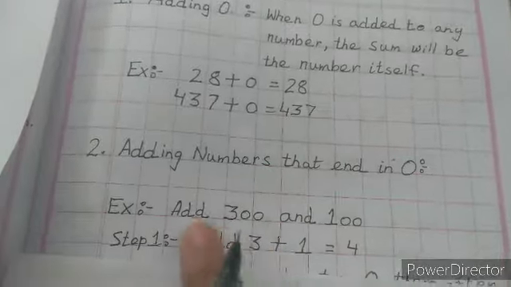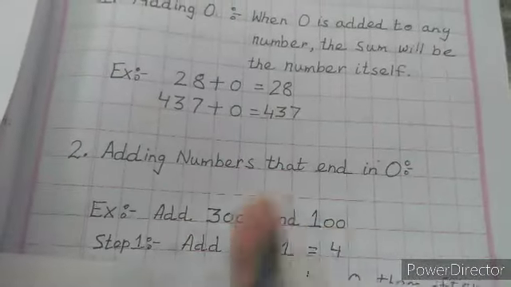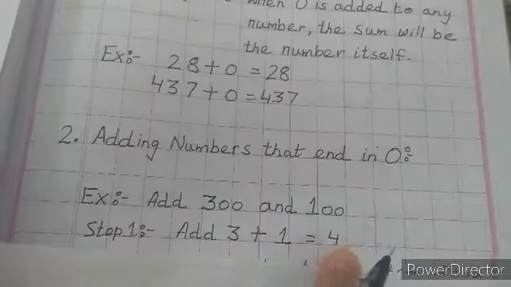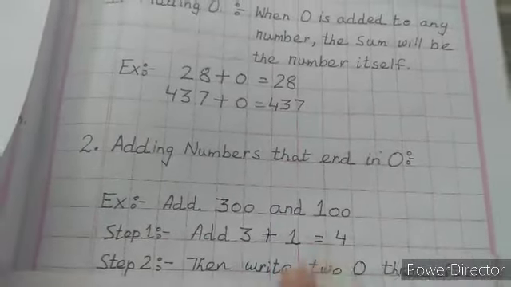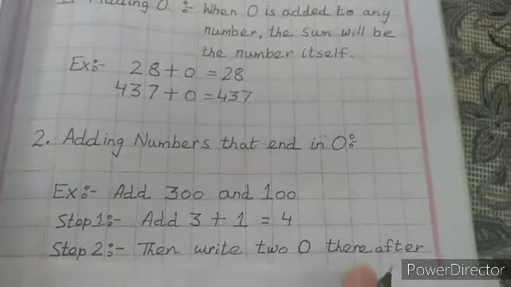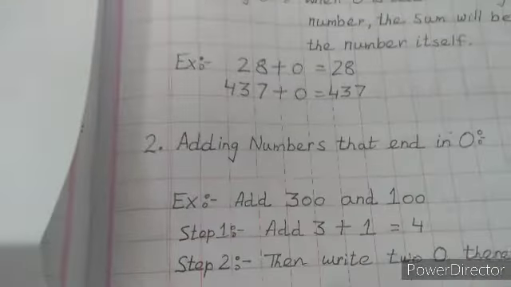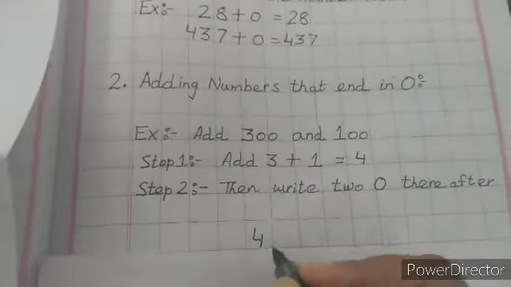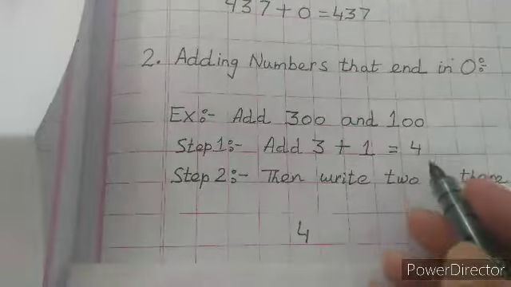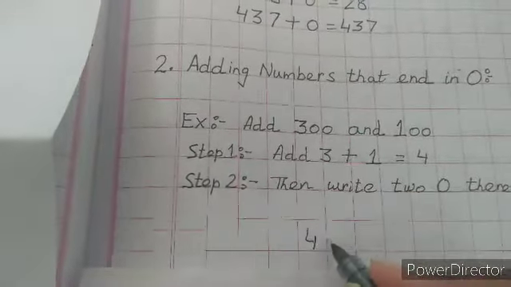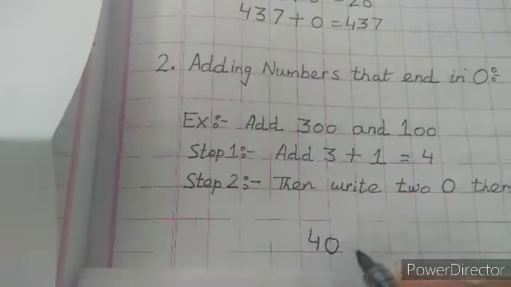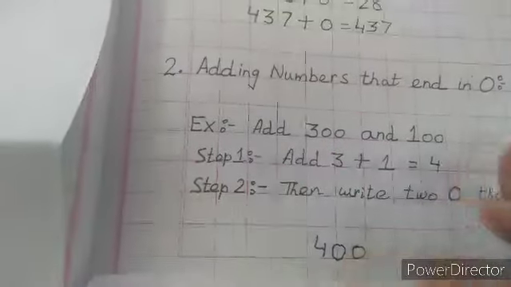We will add 3 and 1, which is equal to 4. Then we will write 2 zeros thereafter. So it becomes 400, because there were 2 zeros.